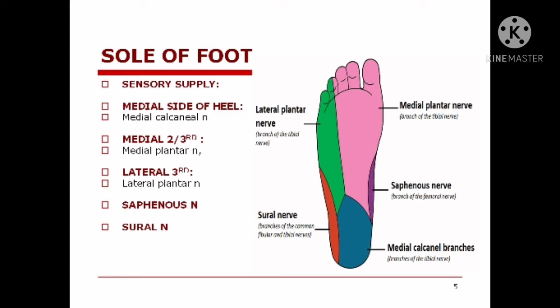The saphenous nerve, which is the continuation of the femoral nerve from the adductor canal, in the leg region on the medial side supplies the skin on the medial side and the tibia bone, and then it descends on the medial aspect up to the great toe. It supplies that area. The sural nerve also supplies some part on the lateral aspect of the foot.